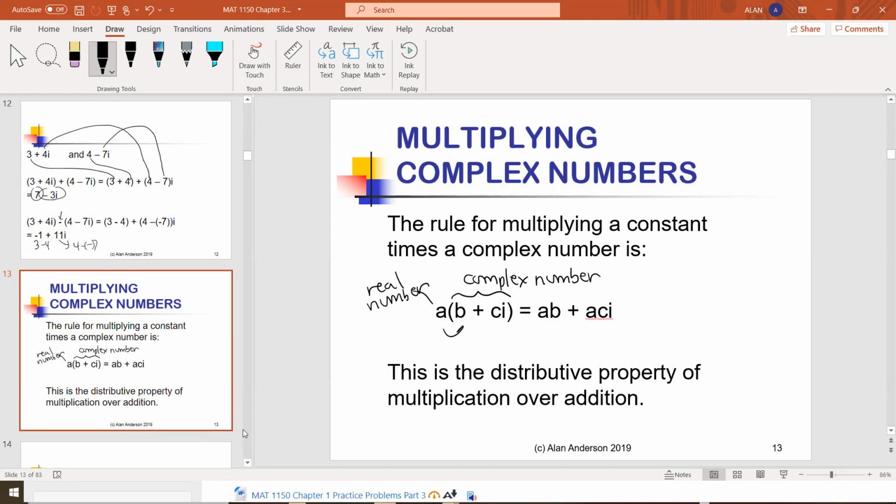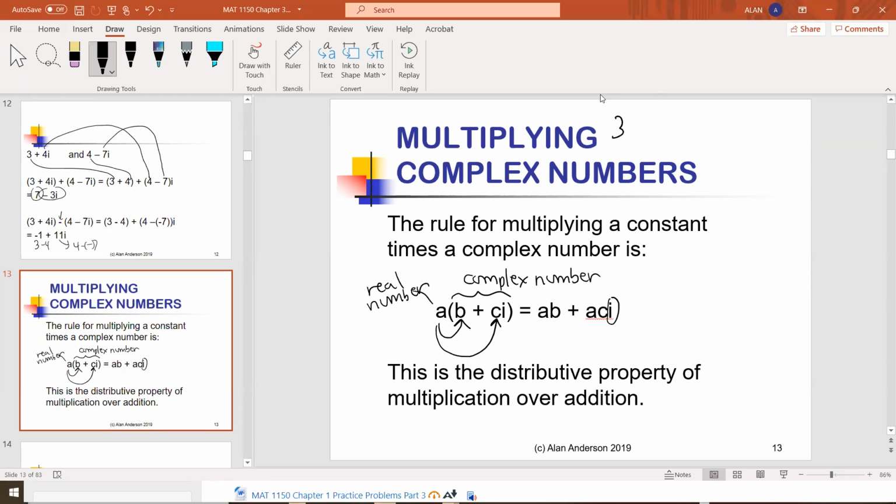And literally all you're doing is multiplying this a by b, and the a is being multiplied by the c. How come you can't multiply it with the i? Well, i is a constant, so we keep it here. In other words, it's ab plus aci.